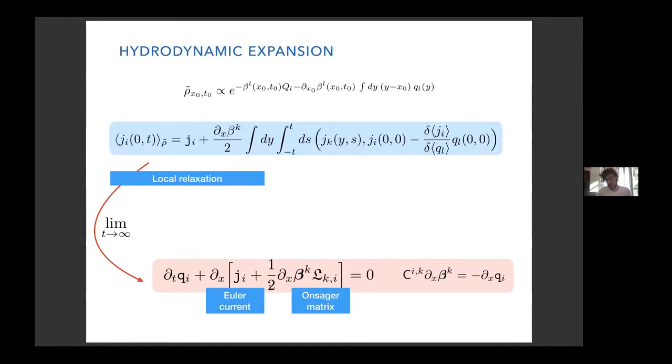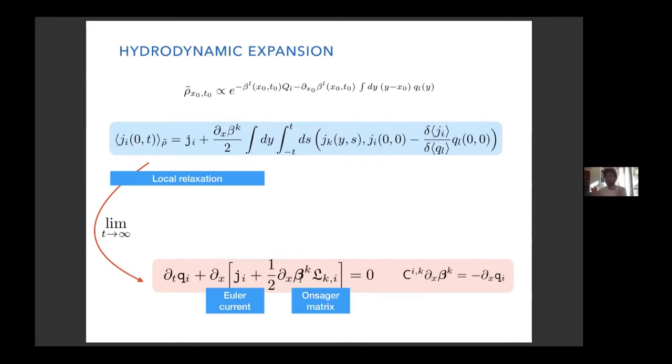And the second term given by the expansion is a second order correction, second order in derivative, 1 over x squared. Indeed, it is proportional to the slope of our chemical potential. And this coefficient is given by the Onsager matrix, which is this object. It's the current correlator in our system.